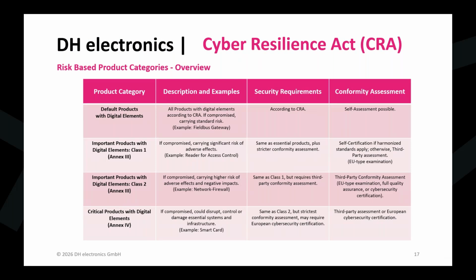Only for the standard products category in row 1, the manufacturer can generally use internal control and self-declare conformity. For class 1 category, self-declared conformity will also be possible once EU harmonized standards exist. For class 2 and for critical product categories, typically a third-party conformity assessment is needed to declare conformity.